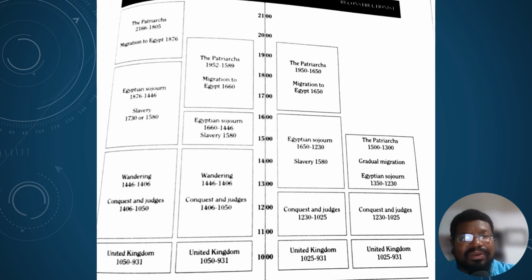As far as kind of when they were living, you're still going to follow the biblical chronology of how long they lived. You're not going to say that they came into existence that much earlier. But once again, this has a lot to do with how long Israel was in Egypt and when the Exodus actually happened. So many on the right side are going to follow a late view of the Exodus date.